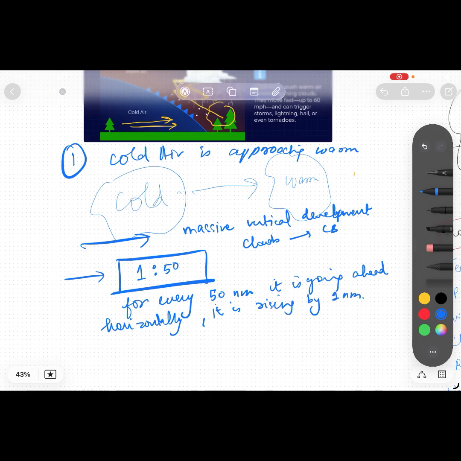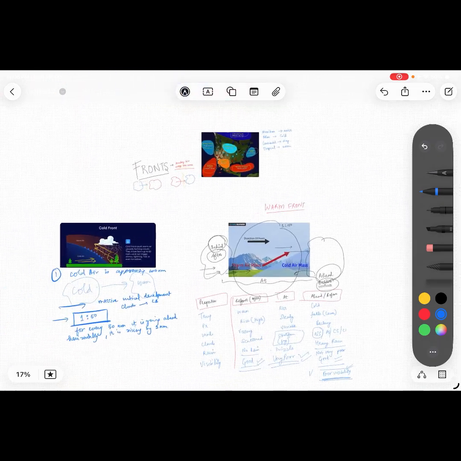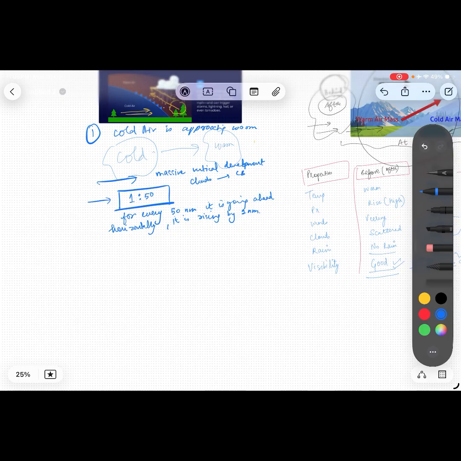So this slope is basically steeper as compared to the other slope that we were talking about in the warm front, which was 1:150, right? So that is why it is steeper.